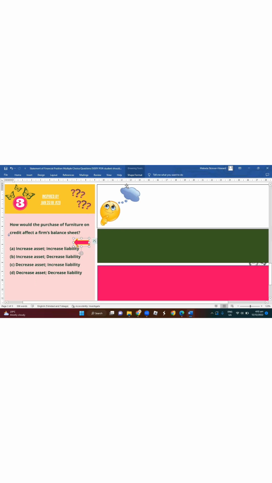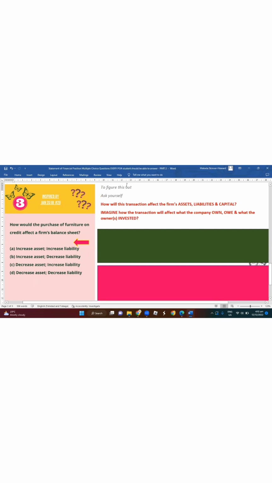Well, let's see. So to figure this out, you have to ask yourself some questions, right? You have to take a little bit of time and get familiar with how transactions affect the firm's assets, liabilities, and capital. That's what they're asking you there in a nutshell. How will this transaction affect the firm's assets, liabilities, and capital?